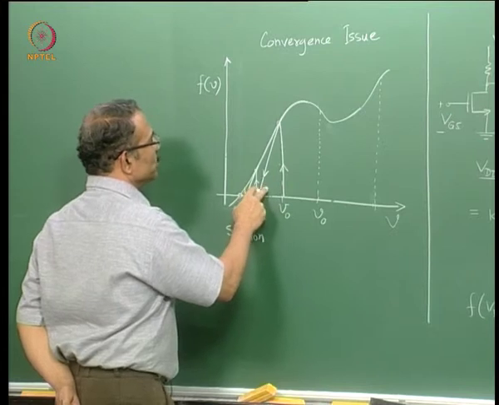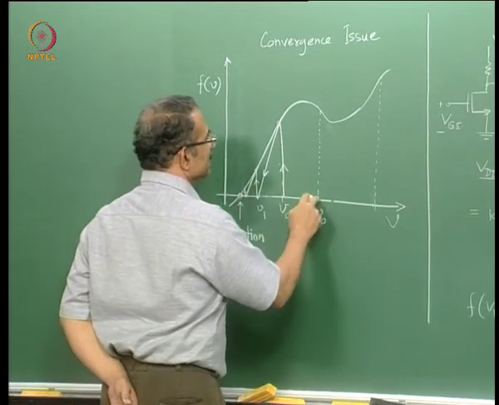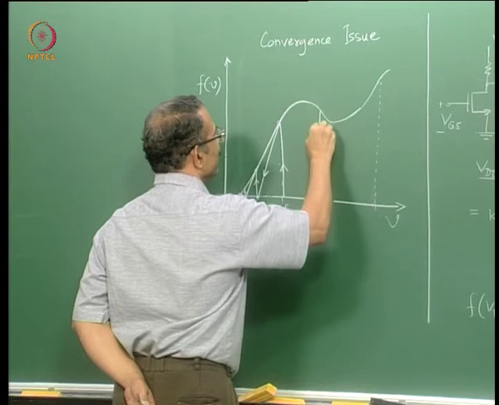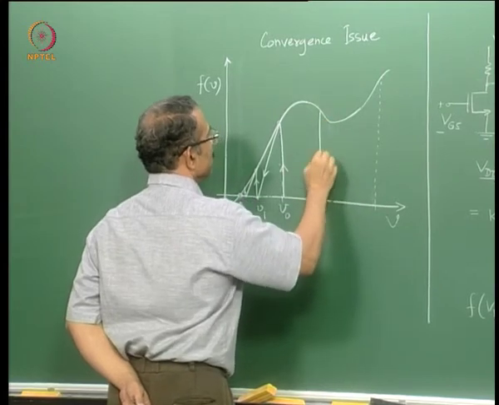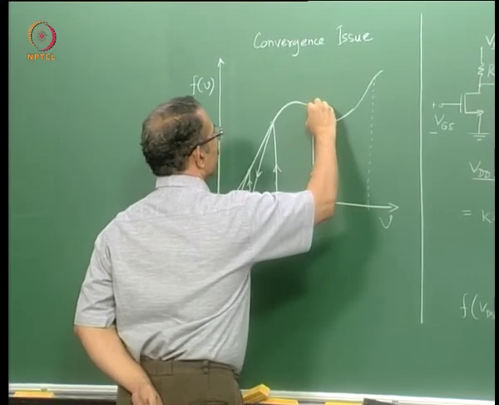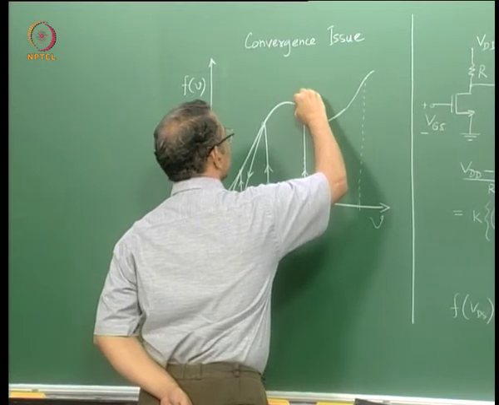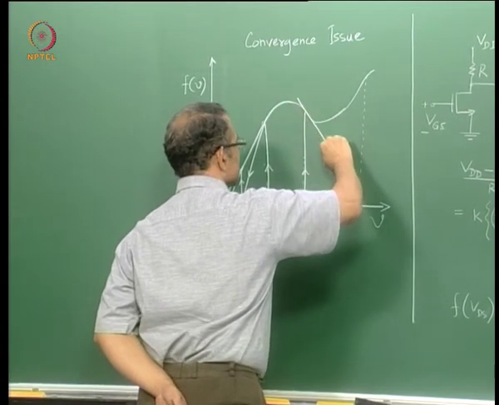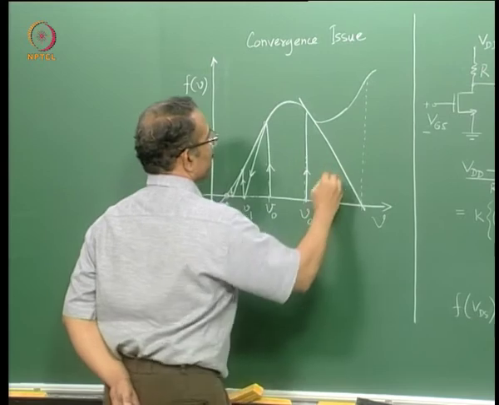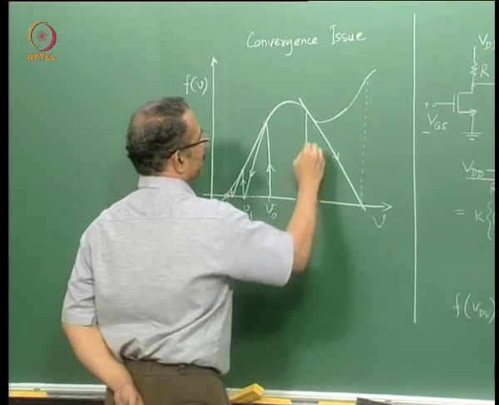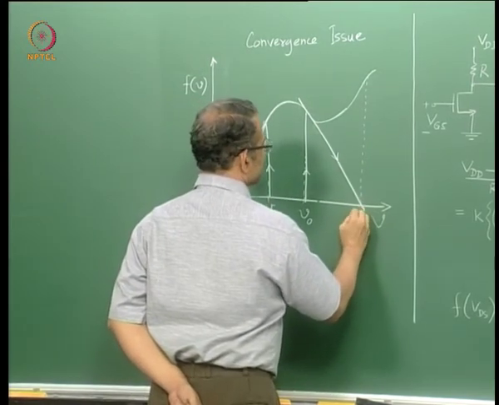Following the same approach, how will I get the next guess? So I go up, find out the point f of v. At that point I take the tangent, and this turns out to be something like this. So now this is my next guess.